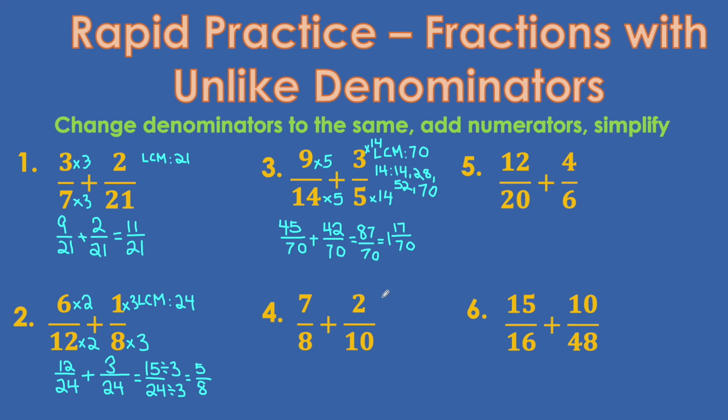Then moving on, it would be 20. 8 does not go into 20. Then you move on. 30. That doesn't work either. How about 40? Yes, 40 works. So our least common multiple is 40.